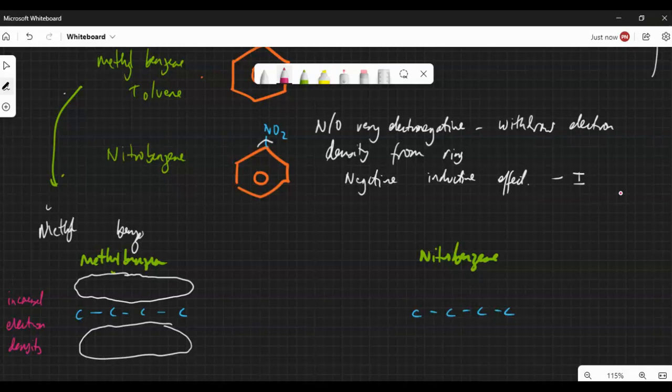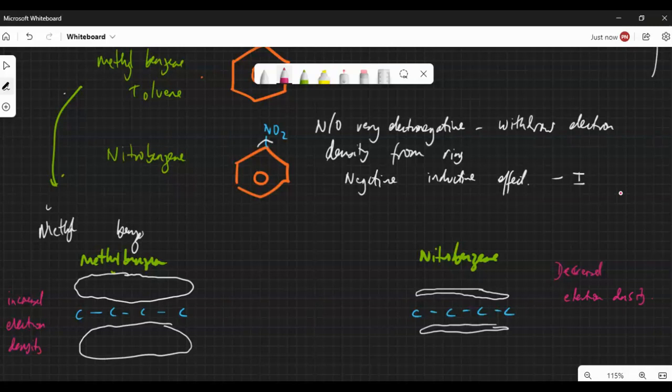And in nitrobenzene, you're going to get less electron density. I'm drawing it just by these funny looking things here, but here we get decreased electron density.